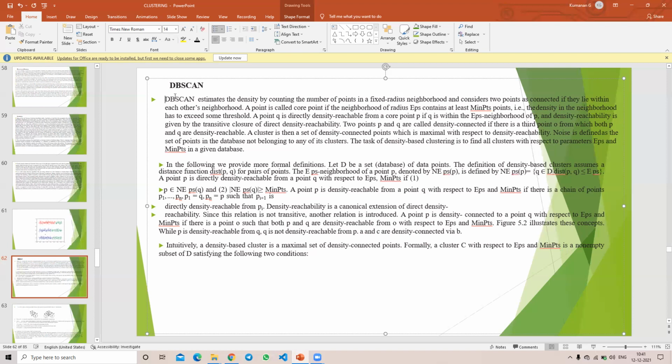is defined by N_EPS(P) = {Q in D | distance(P, Q) <= EPS}.